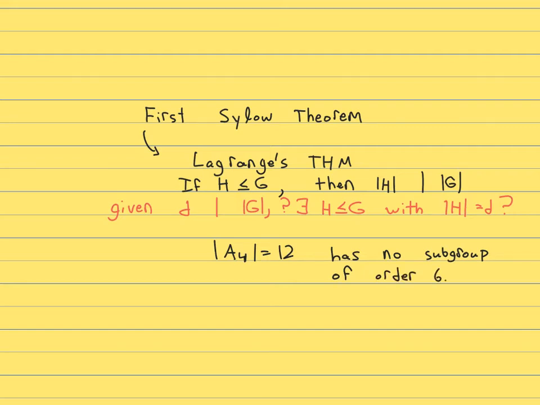Well, there's a corollary to the first Sylow theorem that says the converse of Lagrange's theorem is mostly true, provided that you replace the divisor with a prime power. So if you take any prime power that divides the order of your group, then there exists a subgroup of that size.